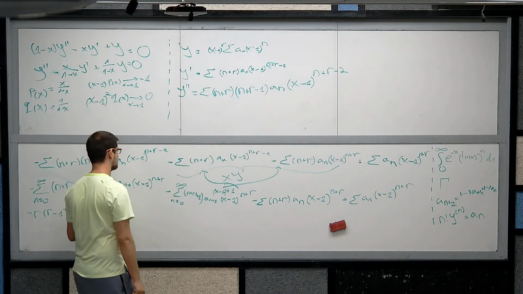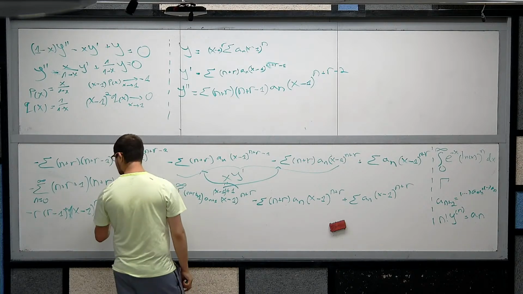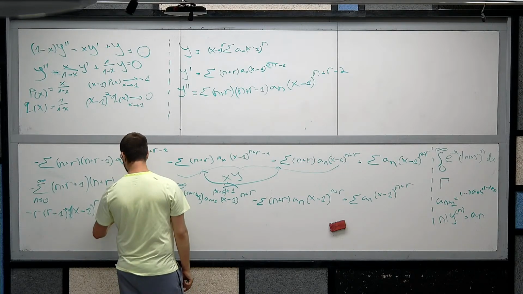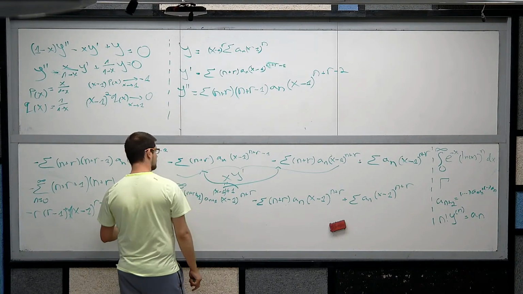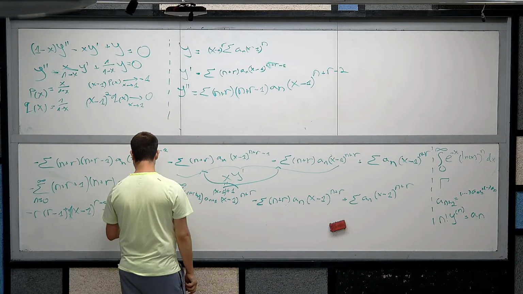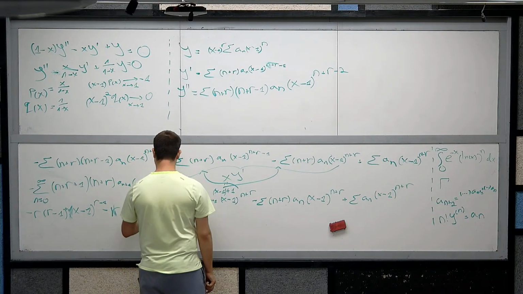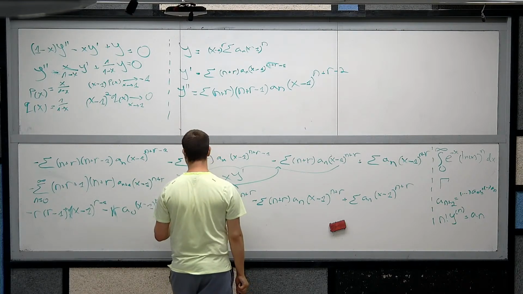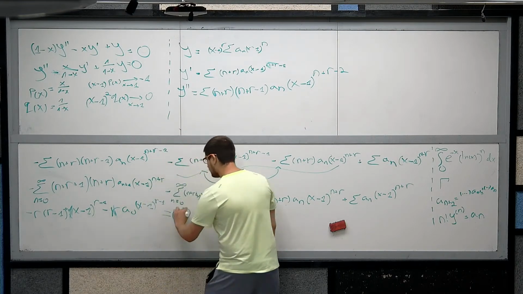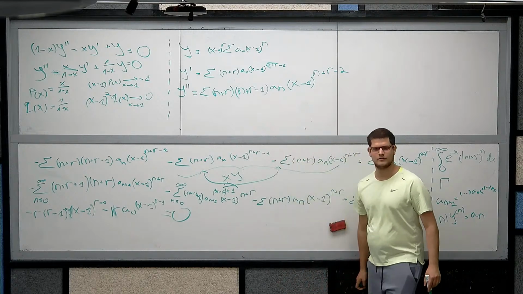Let's write it. Minus r a0 x minus 1 to the r minus 1. Right? Yes. And then we set everything to 0.